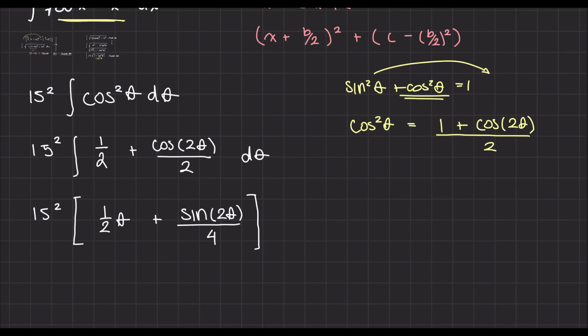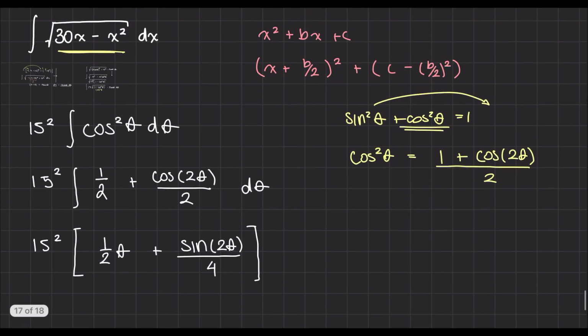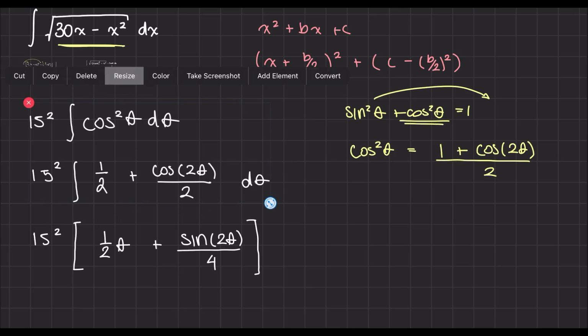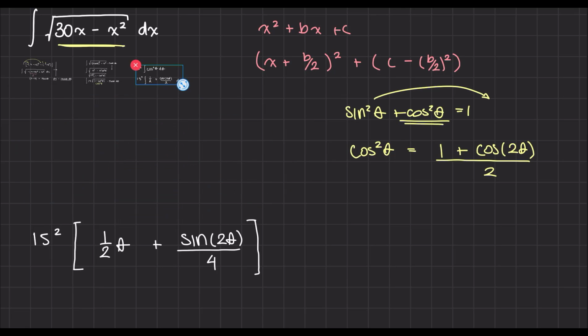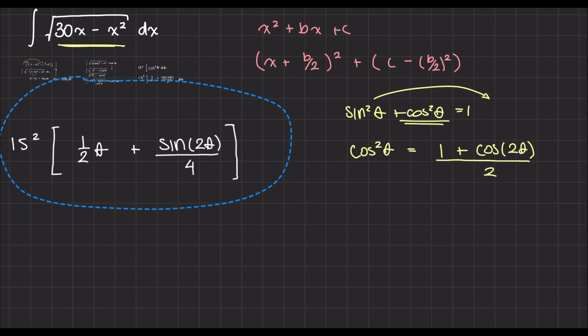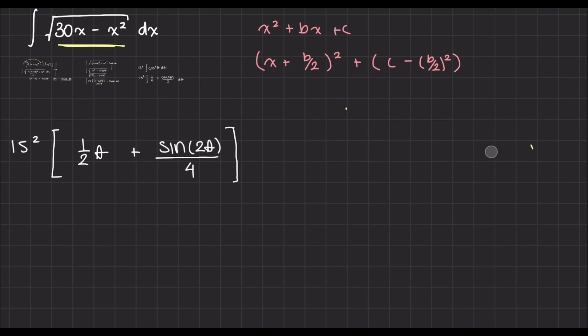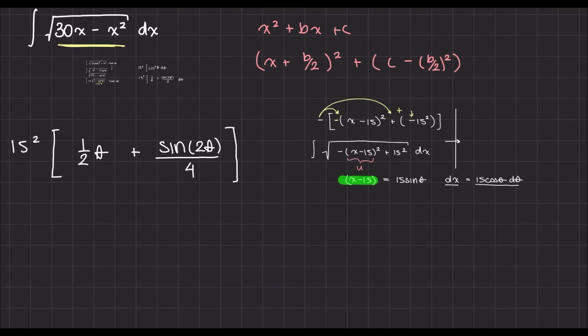And yeah, so this is the final answer, but not the answer to the question, because the question is in terms of x. And so to put everything back in terms of x, we have to remember the sub we made. Recall that we did the sub x minus 15 is 15 sine theta.